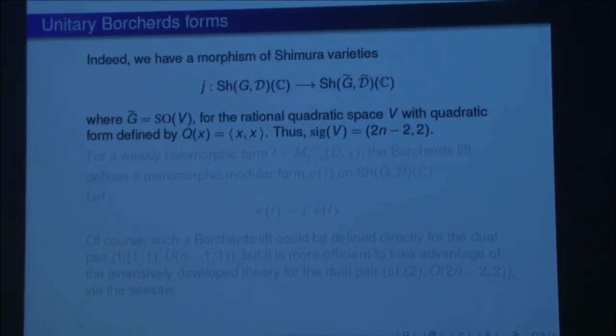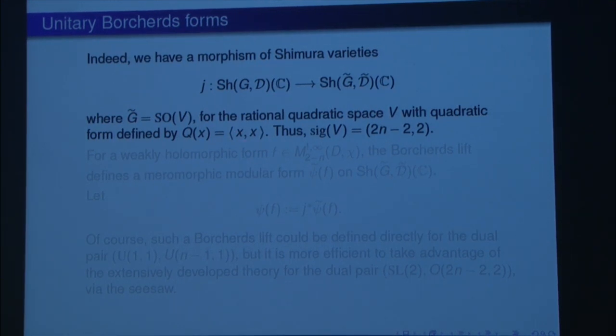Now, what's actually going to happen here is we're going to cheat a little bit. The reason is we don't want to redo all of Borcherds' theory and all the calculations in the unitary case, but we're simply going to pull them back from the orthogonal case. It's good enough. And so we observe that if I take this Hermitian space and take the quadratic form defined by the Hermitian form on the diagonal, and make the corresponding quadratic space, the signature is now (2n-2, 2). G tilde will be the orthogonal group of that, and it turns out there's a natural map from the Shimura variety we constructed above to the Shimura variety attached to that guy.